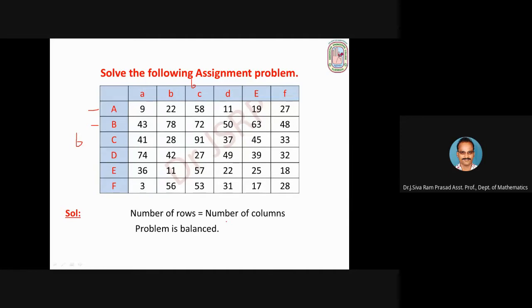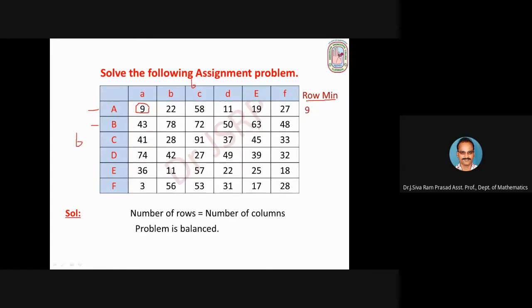So what is the first step? We subtract row minima from the entries of that row. So first we write row minimas here, in the last column. First row minima is 9.